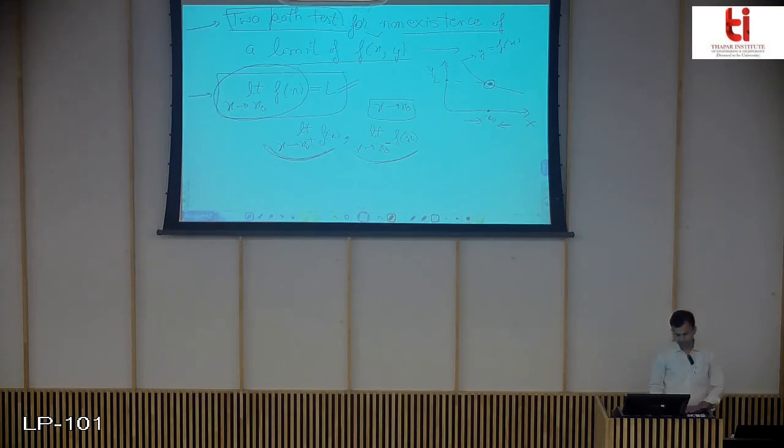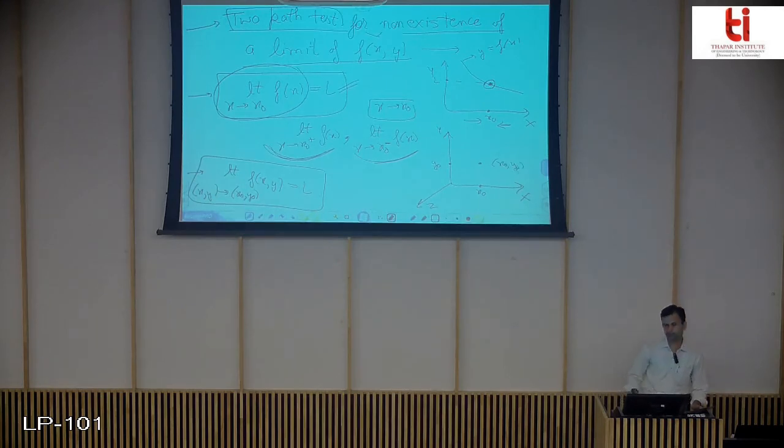However, when you have a function in two variables and you write that the limit is equal to L, what is happening here? You have x, you have y, and say this is the z-axis, coming out of the plane. This is say x0, this is say y0, and this point is (x0, y0).